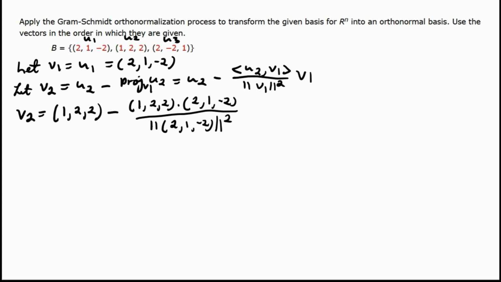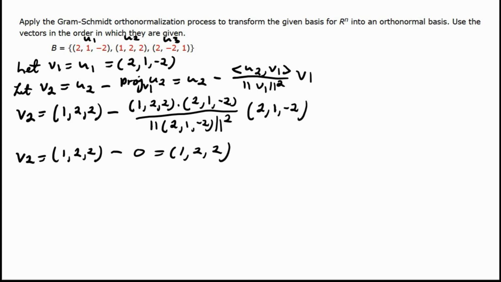The denominator is just the inner product of v sub 1 with v sub 1, 2, 1, negative 2. So v sub 2 is equal to 1, 2, 2 minus, take the dot product, we get 2 plus 2, that gives us 4, minus 4, so we get 0. So that term goes out. 0 times anything is just 0. So this is just 1, 2, 2.